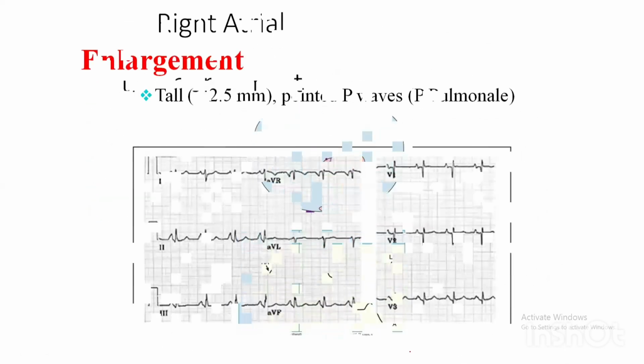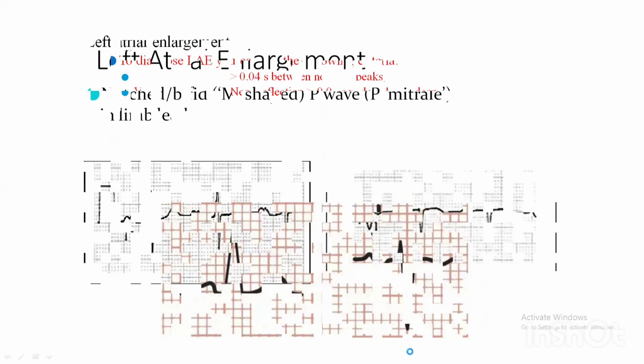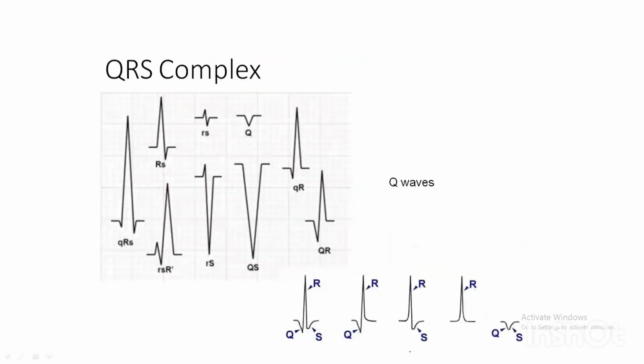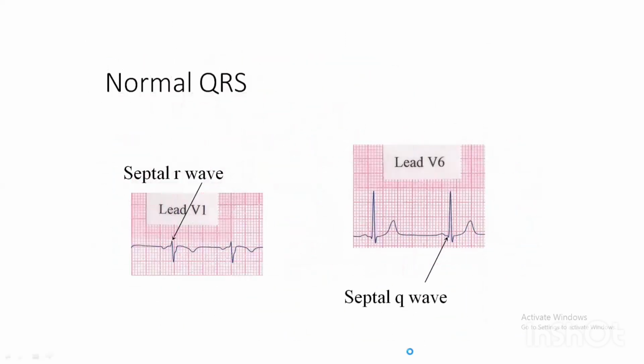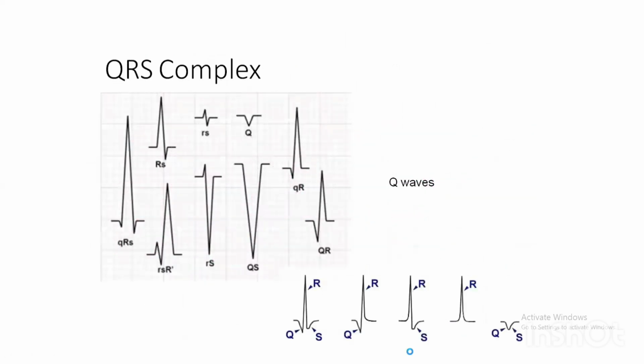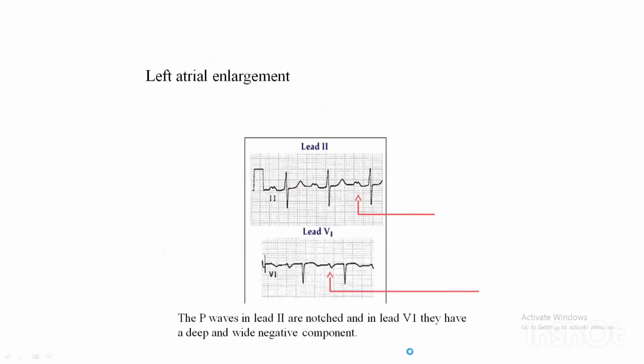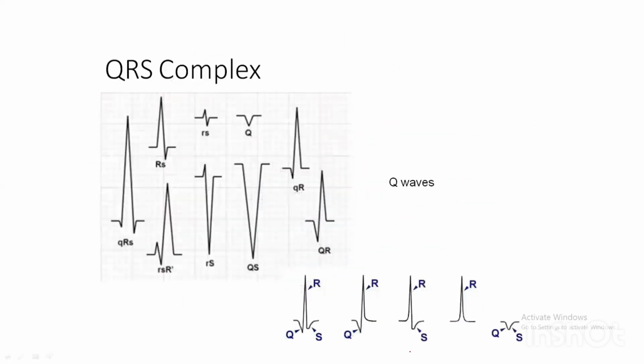Now, P wave abnormalities we have discussed. We have discussed right atrial and left atrial enlargement. We will discuss the QRS complex. I told you the QRS complex starts with the first negative deflection, the Q wave, the first positive deflection is the R wave, and the second negative deflection is the S wave.